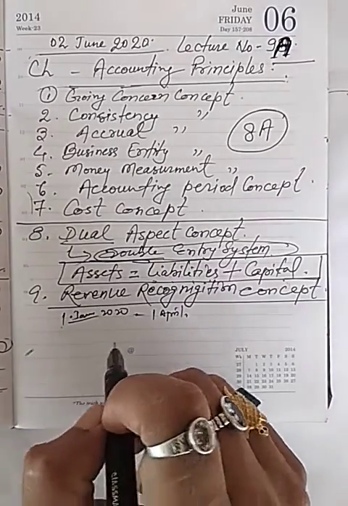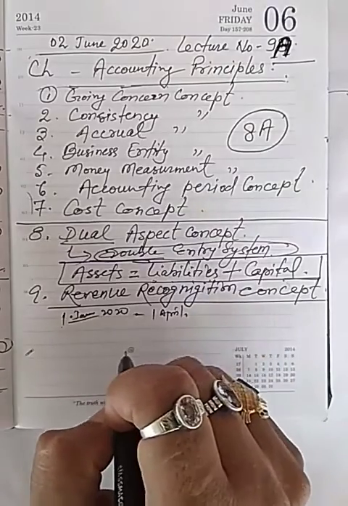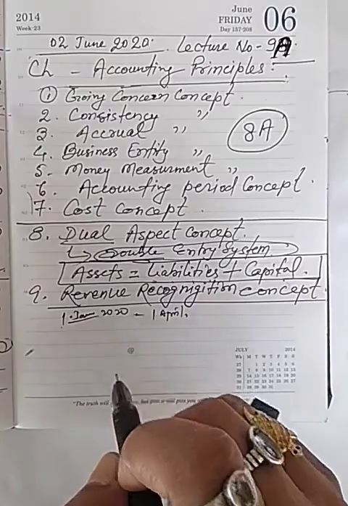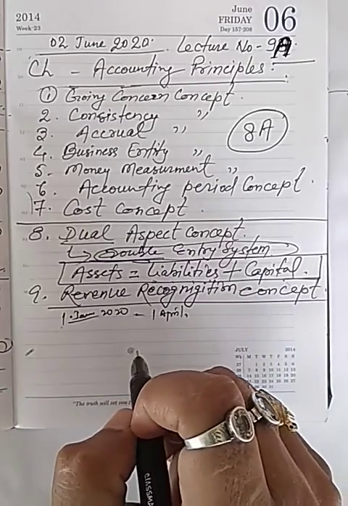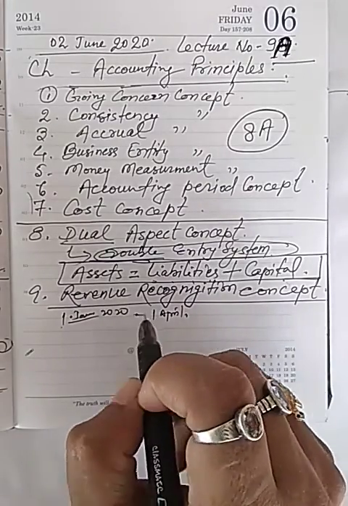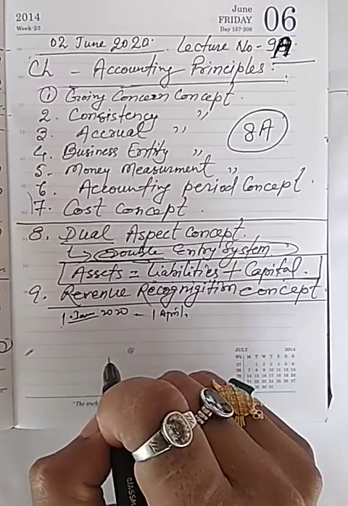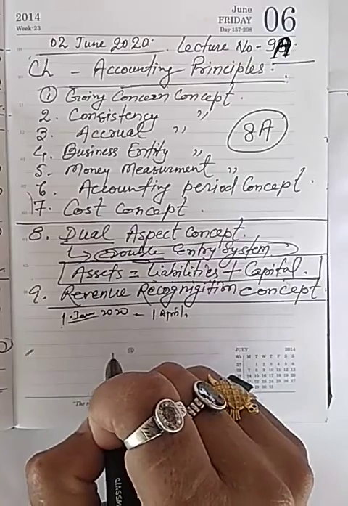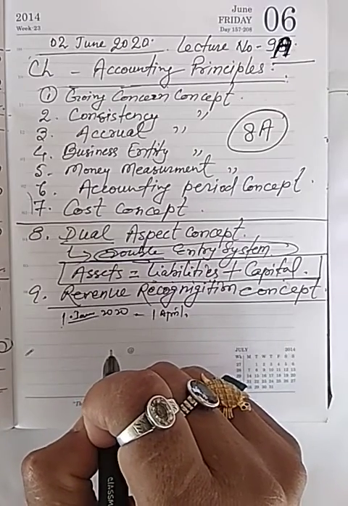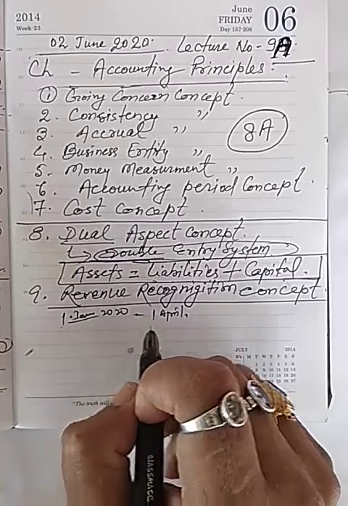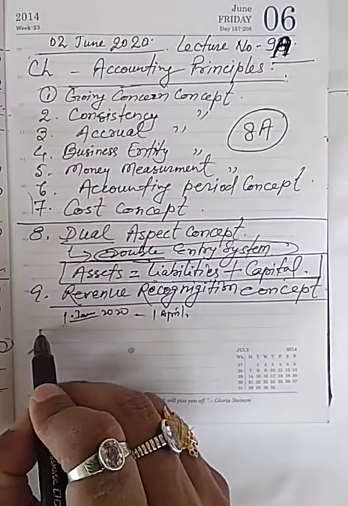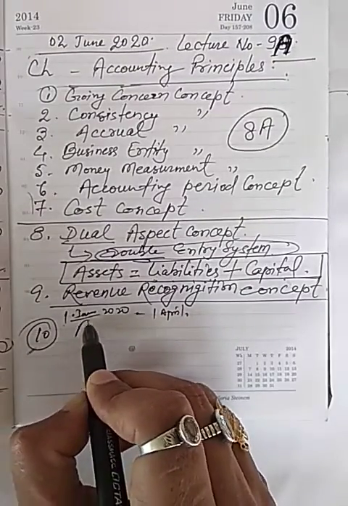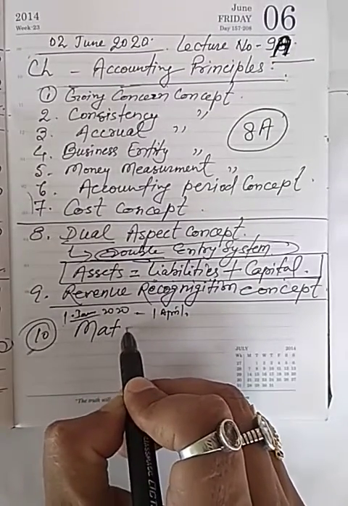Similarly, if a commission for April is received in advance in March, it will be treated as revenue of the financial year commencing 1st April 2020. Now the next concept is the matching concept.